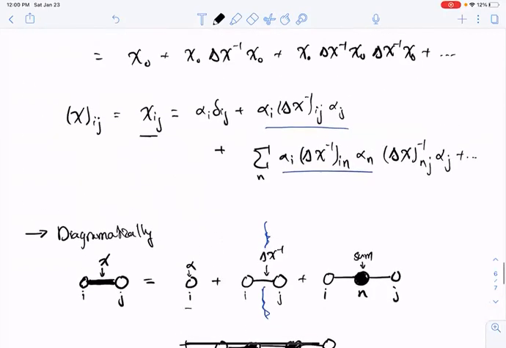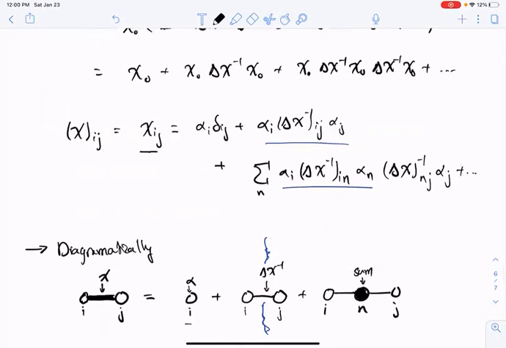So again, up in the equation, if I have that self term plus alpha delta chi inverse alpha, that looks like self term delta chi inverse self term.